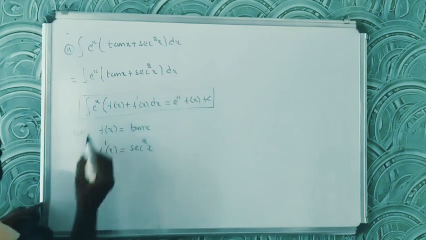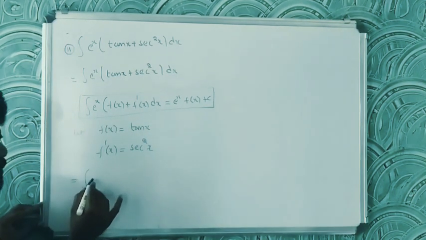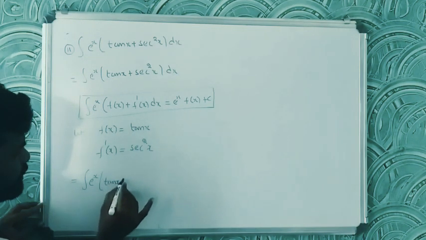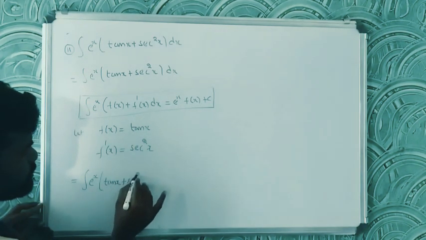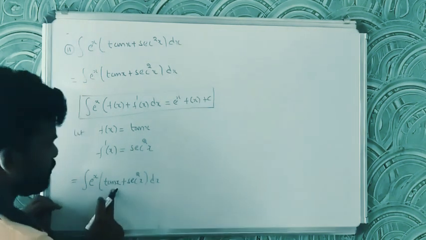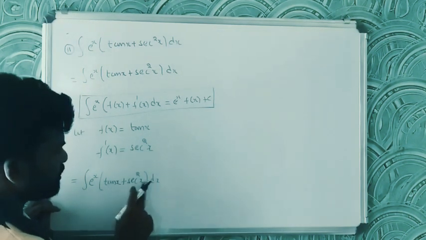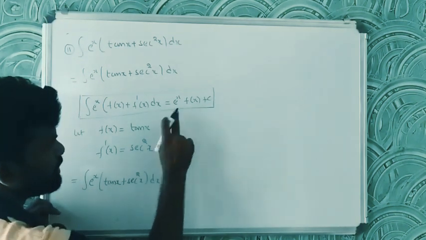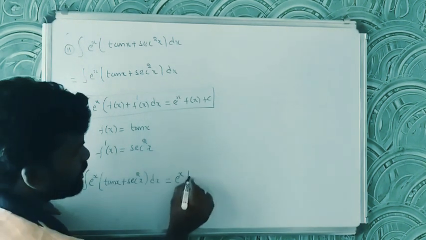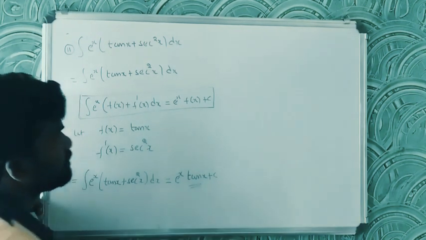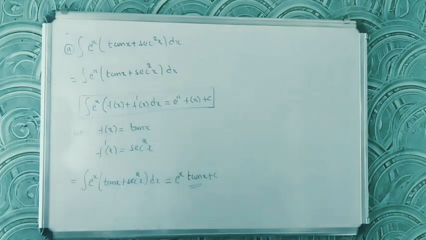Integration of e power of x into tan x plus secant square x into dx, by the formula, is e power of x into f of x plus c. f of x means tan x, so e power of x into tan x plus c. This is problem number 11.